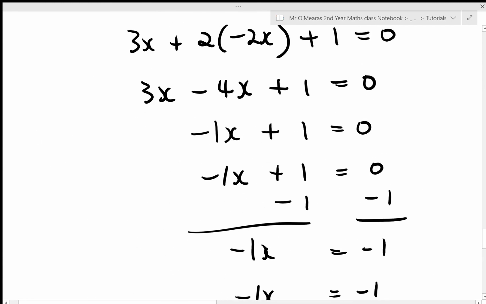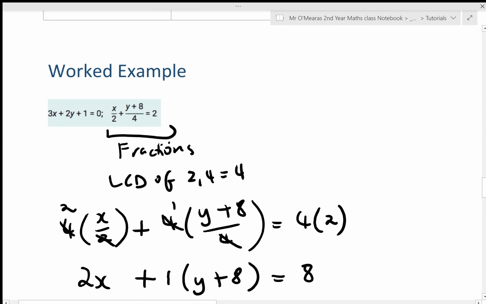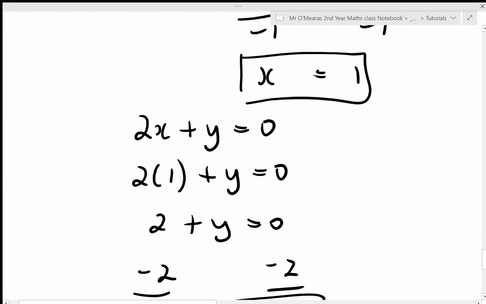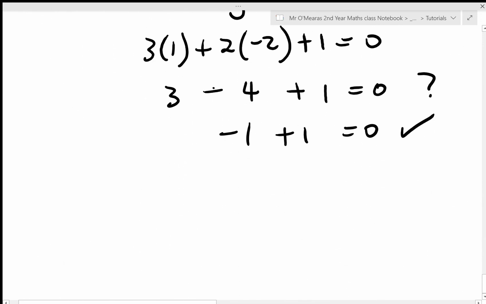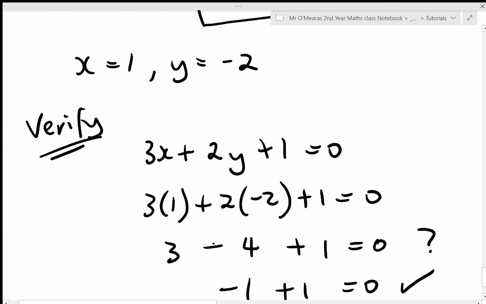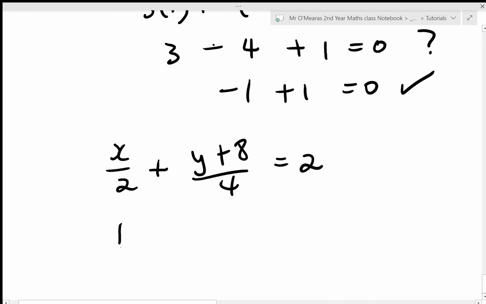And we're going to go back and take the original one, x over 2 plus y plus 8 over 4 equals 2. So we're going to drop it in there and sub it into that one as well. What we said was x is 1 and y is -2.